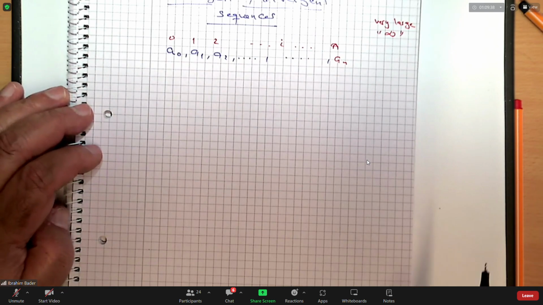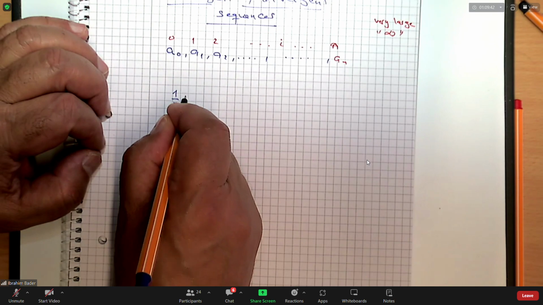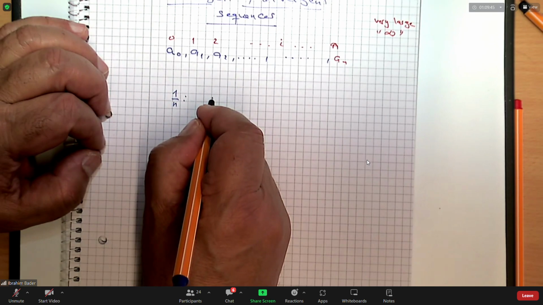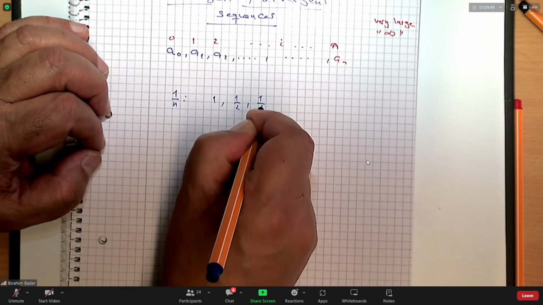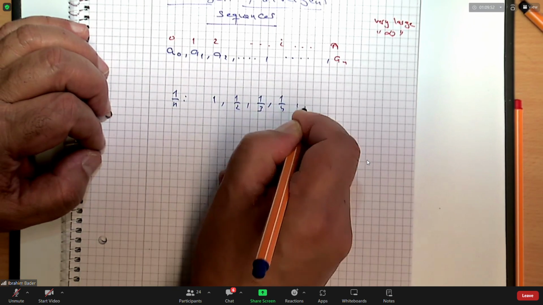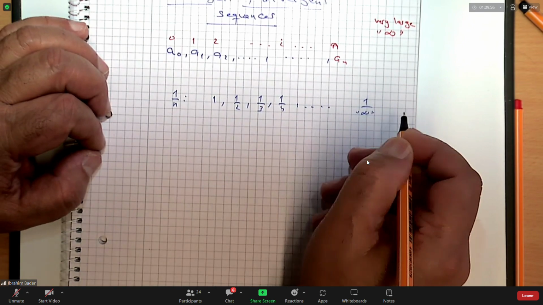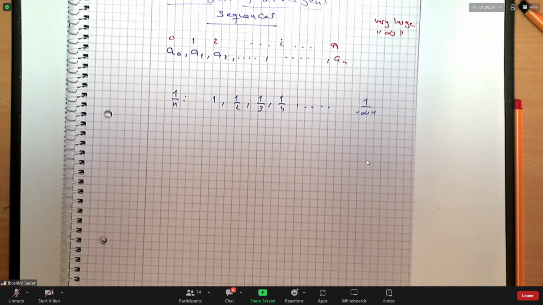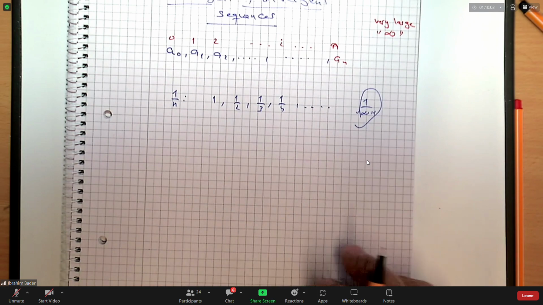Now for now, I want you to think about 1 over n. We said that 1 over n starts with 1, then 1/2, 1/3. When n becomes infinity, so I am not allowed to use that, but when n becomes infinity, this ratio has 1 over a very large number, and it will be approaching 0.